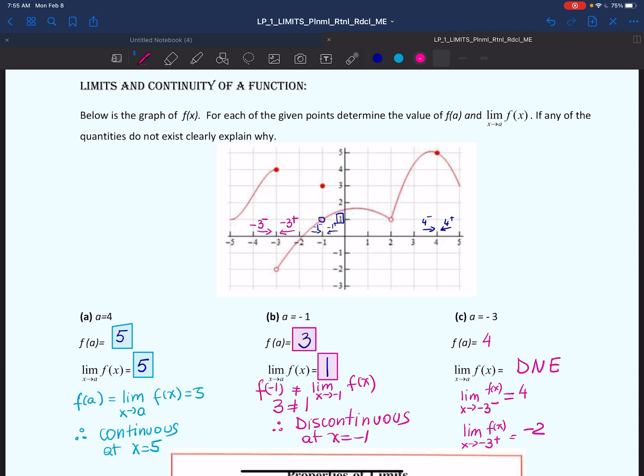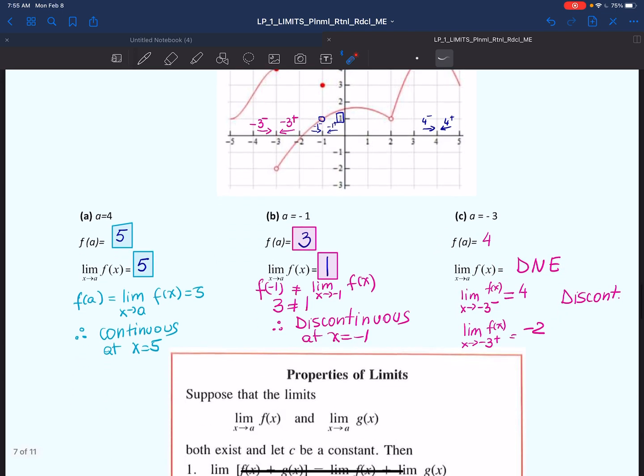And when the limit doesn't exist, it's definitely a discontinuous function. Okay? Because remember that for a function to be continuous, not only the limit has to exist, but it must also equal the value of the function. When the limit doesn't exist, we have nothing to compare with the value of the function.